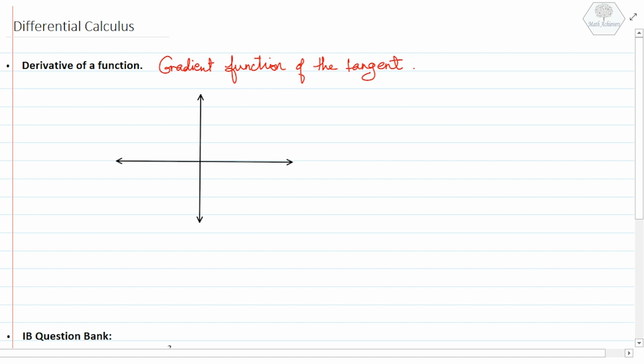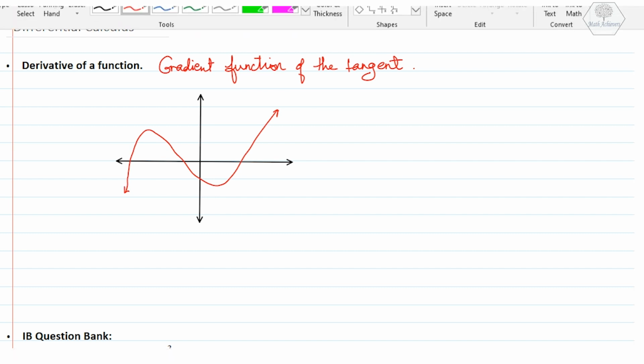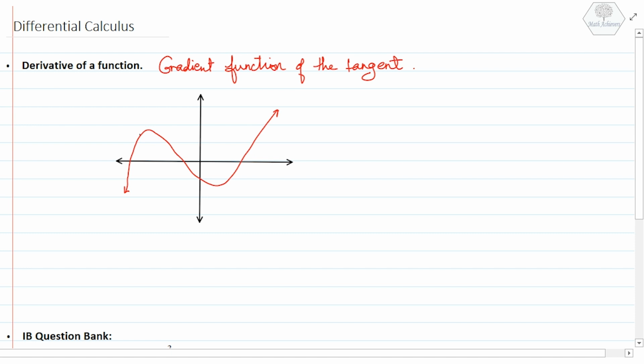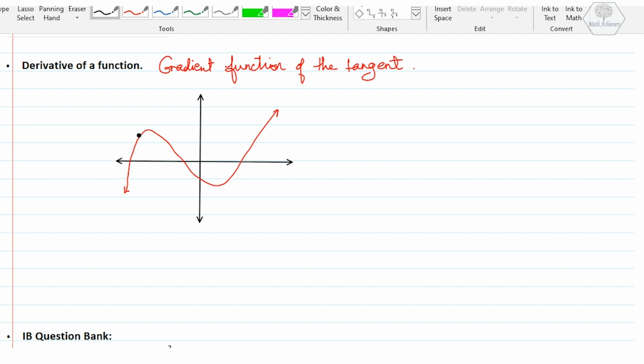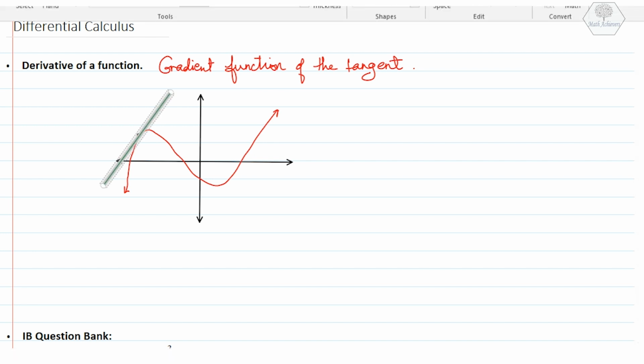If we have this curve, and we want to find the gradient of the tangent at this point. First, let's draw a tangent. A tangent is a line that crosses the curve in only one point. So this is the tangent.